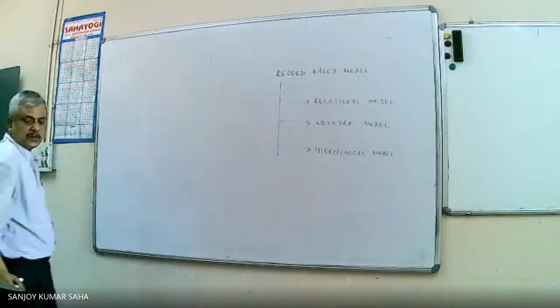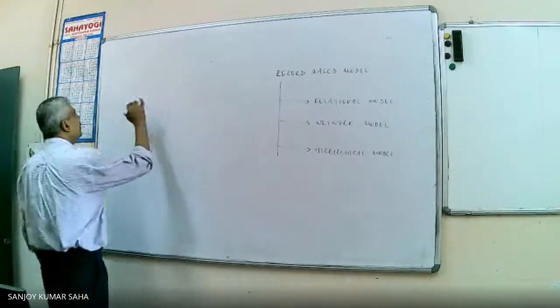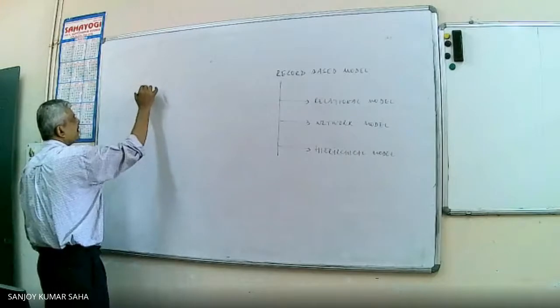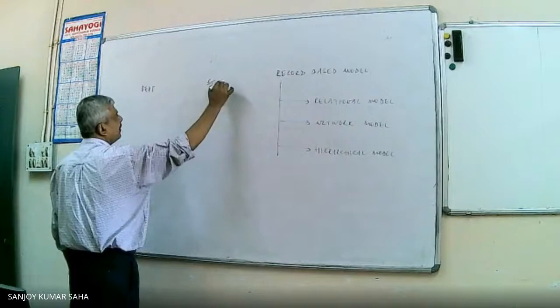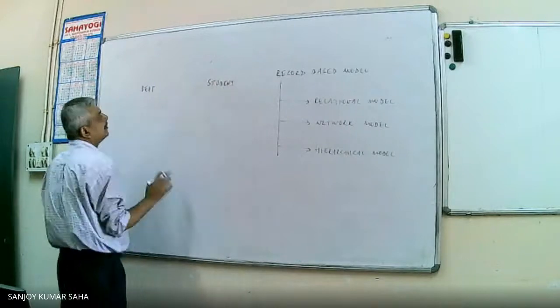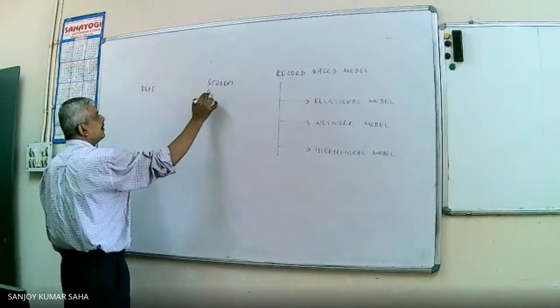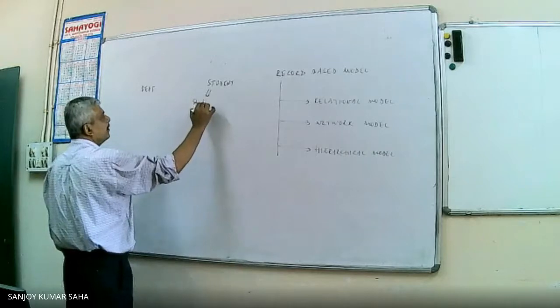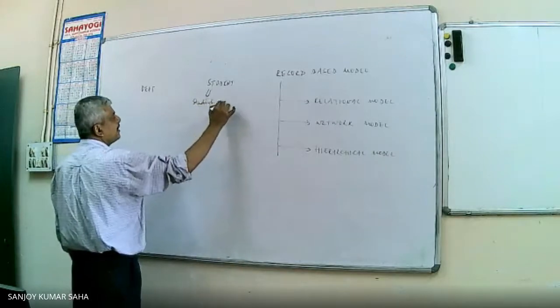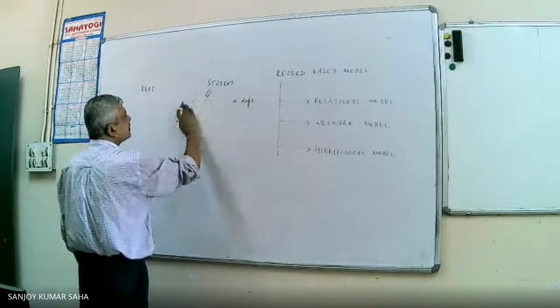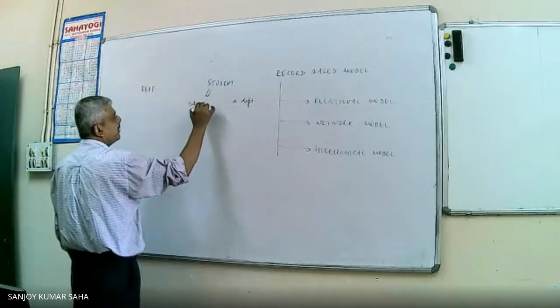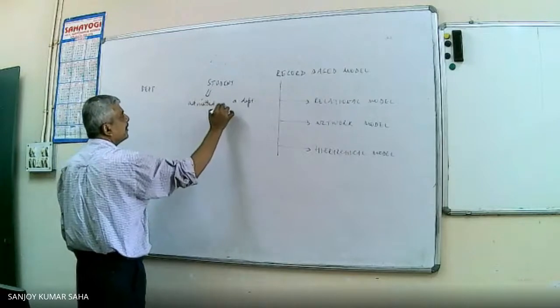Suppose we want to store the department information and the student information, and there is a relation, say student studies in a department, or students admitted in a department.